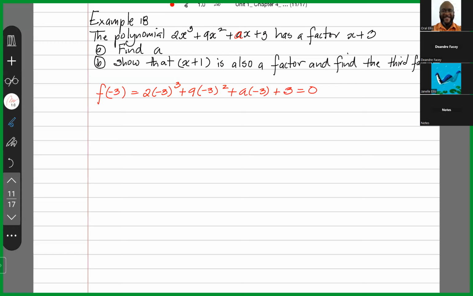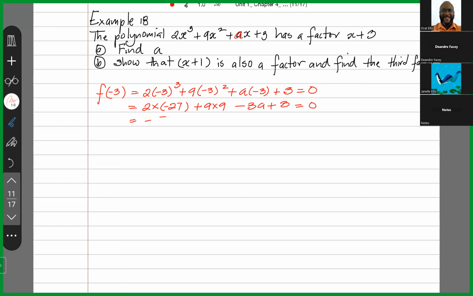Now f of minus 3, this is 2 times minus 27 plus 9 times 9 minus 3a plus 3 is equal to 0.